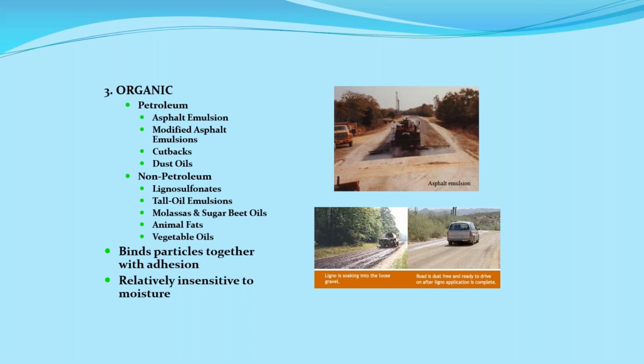Generally speaking, those petroleum types of products are all of an asphalt type, whether it's a liquefied emulsion or actually a straight asphalt. And we use them in a lot of different ways.